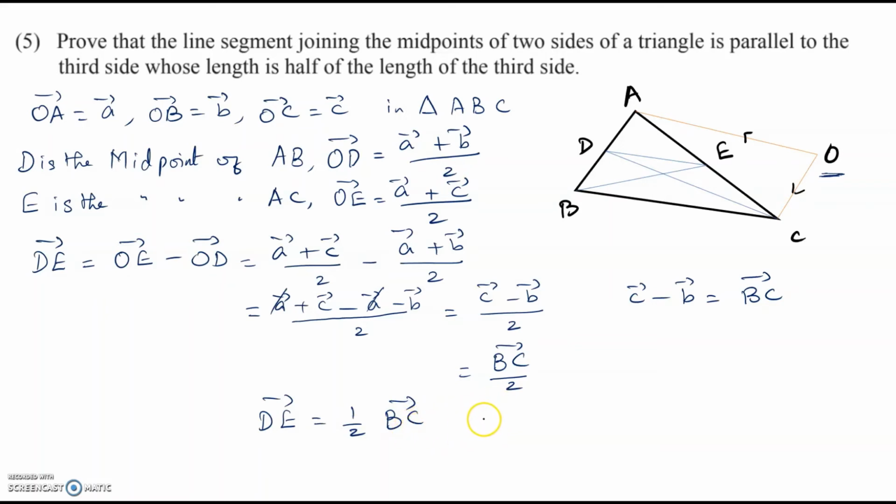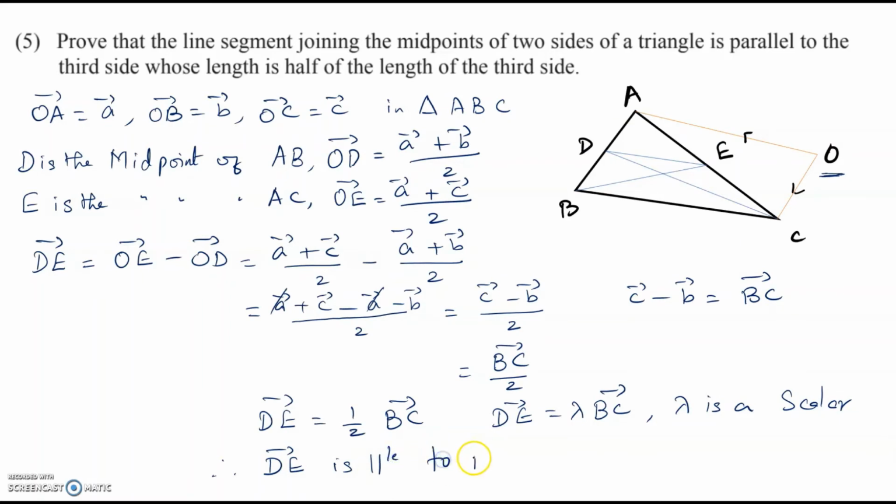In simple terms, you have DE vector as a scalar multiple of BC vector, where lambda is a scalar. Therefore, DE is parallel to BC. Hence our proof.